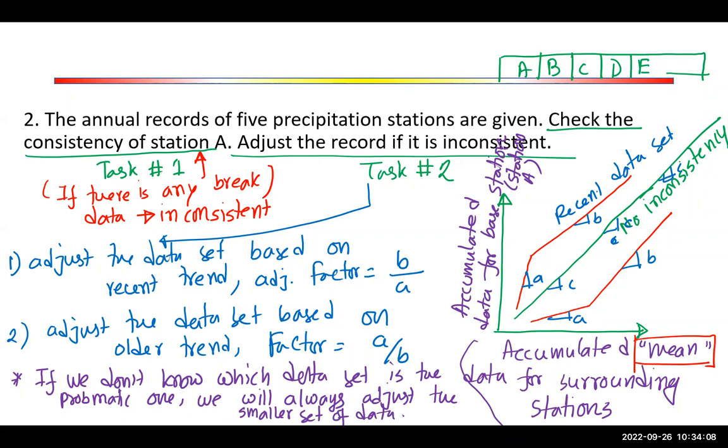Okay. Does that make sense? Most of the time you will have a small set of data and then a bigger set of data, and you kind of know which data set we need to fix. Okay? And sometimes maybe I will explicitly tell you what to do. Okay?